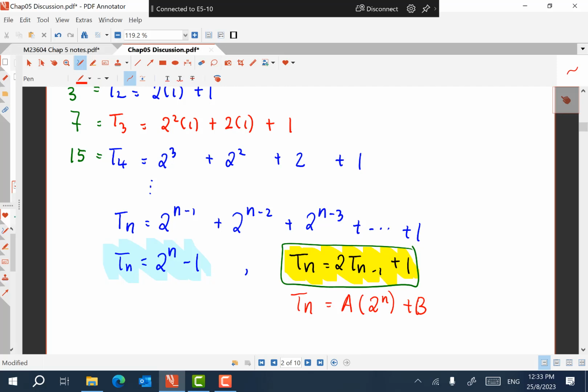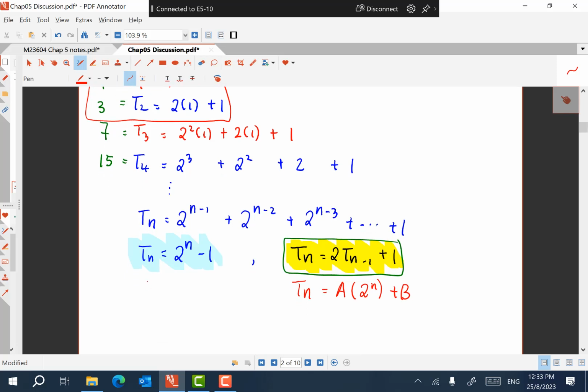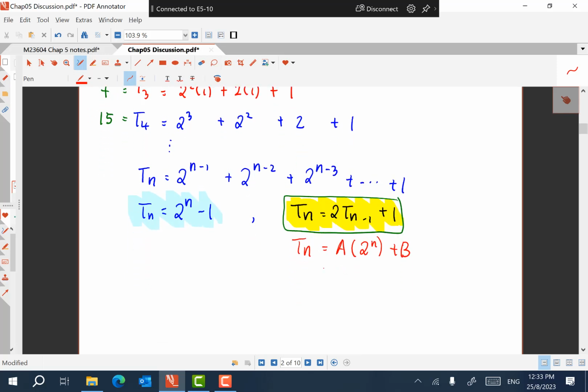You can try. If you have this belief, then you say, let's try. Based on what we know, that T1 is 1 and T2 is 3, I'm going to say T1 equals 1 implies that A times 2 to the power of 1, which is just 2, plus B is equal to 1.